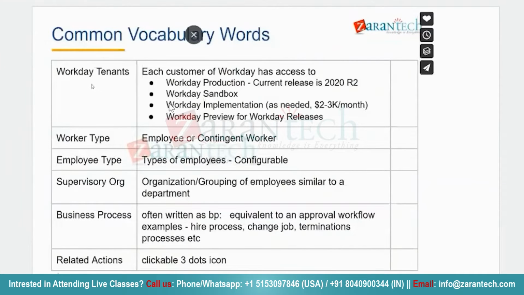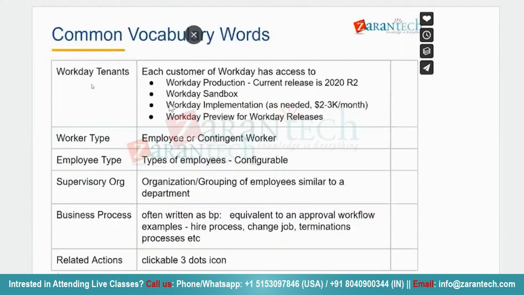So just a couple of things before we move back into the other slides. The other thing is workers. What are they called in Workday? I've mentioned employees, but you could also have contingent workers, right? These are consultants, contracted workers, and those are called contingent workers.